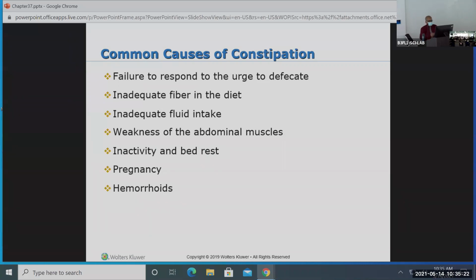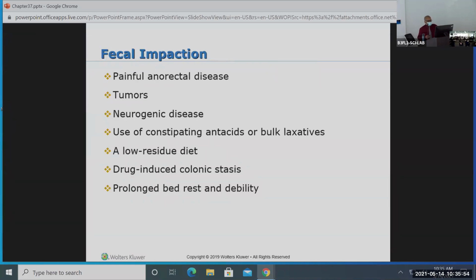Maybe weakness of the abdominal muscles, where muscle fibers are replaced by fat. That causes weakness of the abdominal muscles. Next is inactivity and bed rest. Pregnancy in females, hemorrhoids. Now, constipation might lead to what we call fecal impaction. Stool becomes hard and impacted.